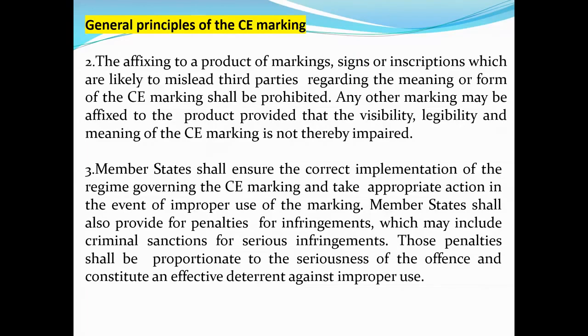I will give a simple example of a PPE kit. Say I want to take my PPE kit to the Europe market and I want to get it CE marked. So what does a PPE kit comprise? Face shield, the nose mask, the body cover, then hand gloves, then shoe cover. Suppose there are five components which comprise the PPE kit.